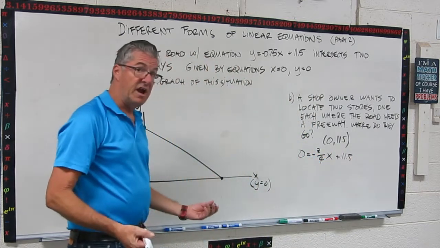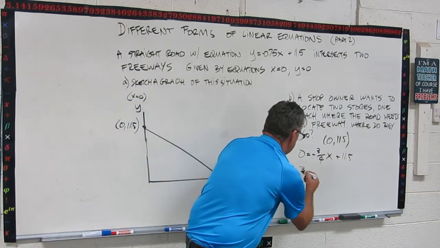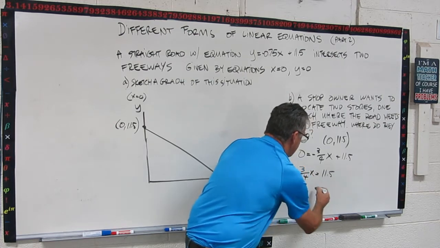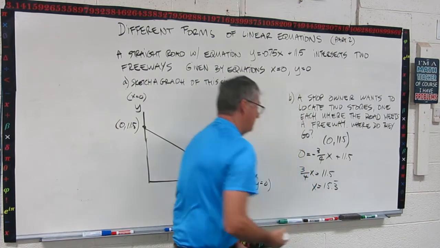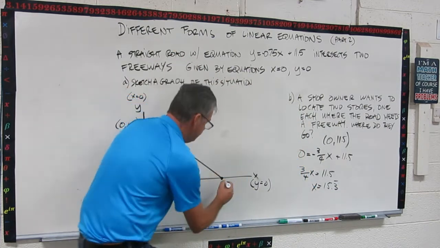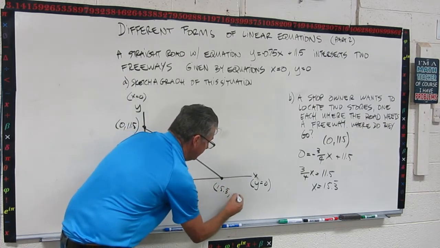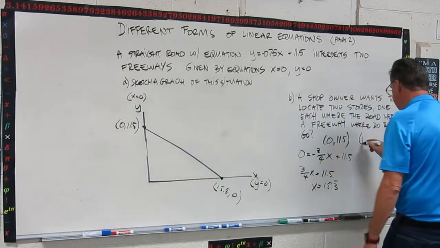So now I'm going to subtract 3/4 x from each side of the equation, and I'm going to wind up with 3/4 x equals 11.5. When I solve for x, I get 15.3 repeating, or 15 1/3. So that means that this point here is the point 15.3 repeating, comma, 0. And that's the other location. So we've got 2.